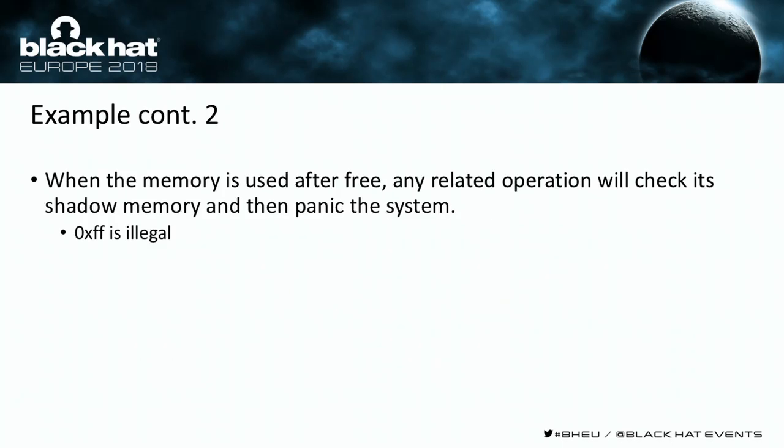And when used after free, you use the freed buffer, the related operation like strcpy or memmove or something like that will internally check the shadow memory to see if it is legal. The FF is illegal, so it will panic the kernel to let you know there's something wrong.